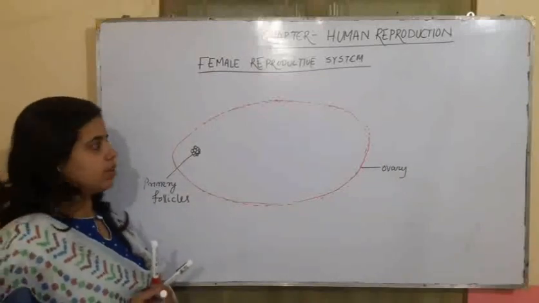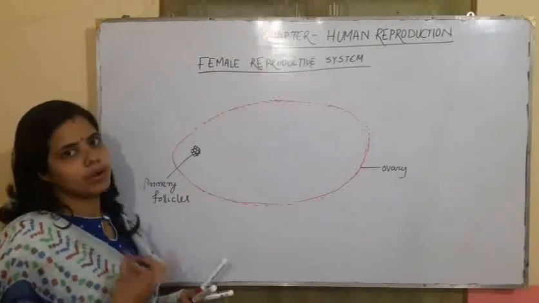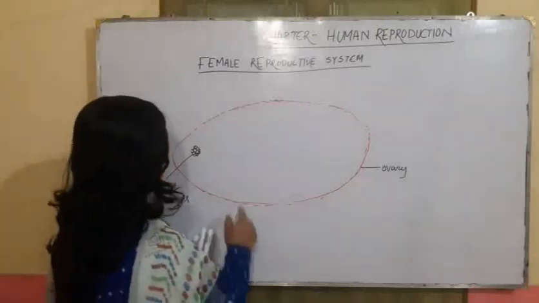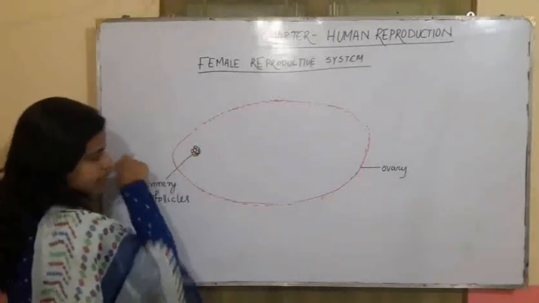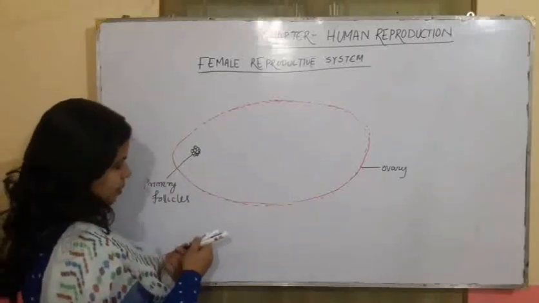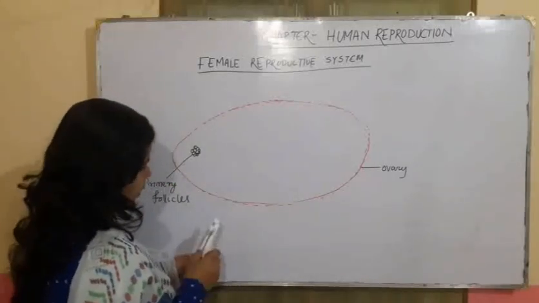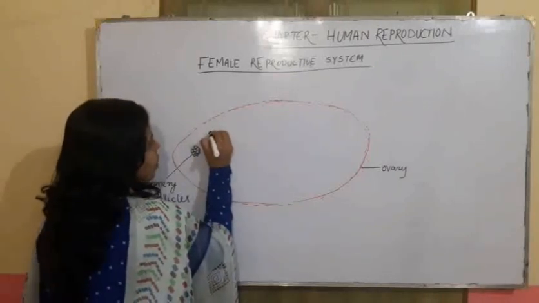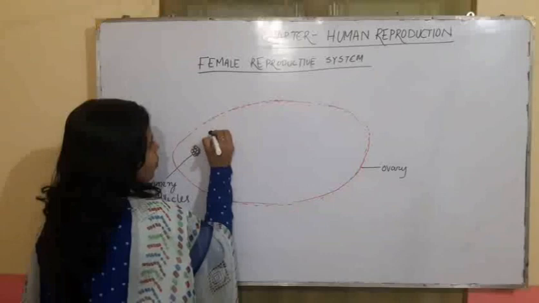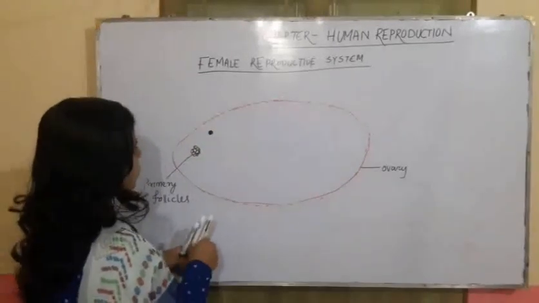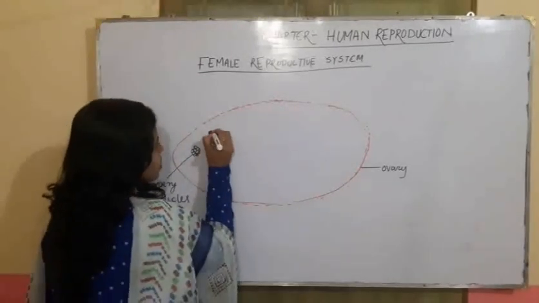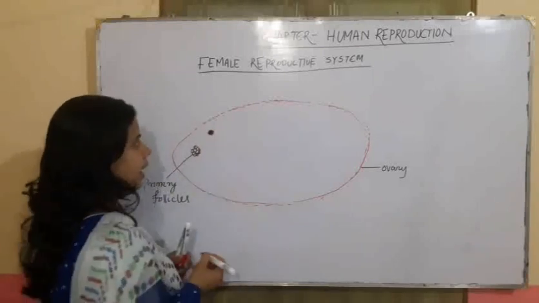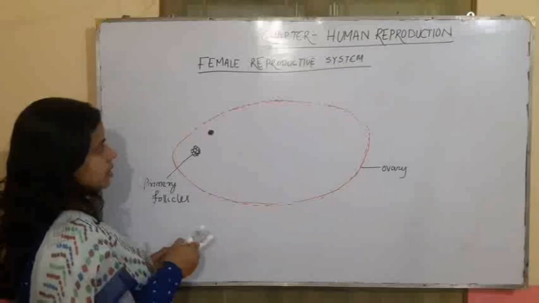These primary follicles undergo the production of the ova, and out of all these primary follicles, only one will grow. Okay, so let us do this one. Suppose only one is grown, and the others are in the same position.